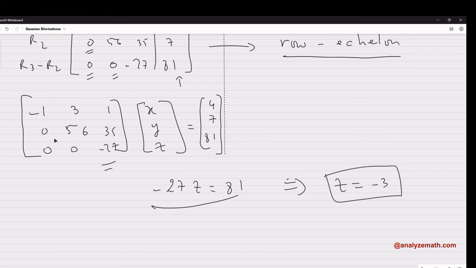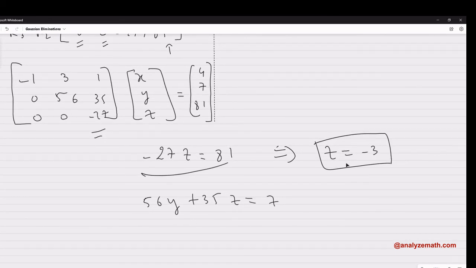Now, if you look at the second equation, if you multiply this row by this column, 0 times x is gone, that gives you 0. So that will give you 56y plus 35z. Multiply this row by this column, it gives you a 7. Now this equation has two unknowns, y and z, but z we know already.